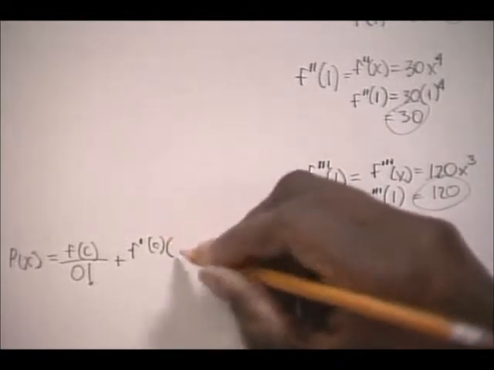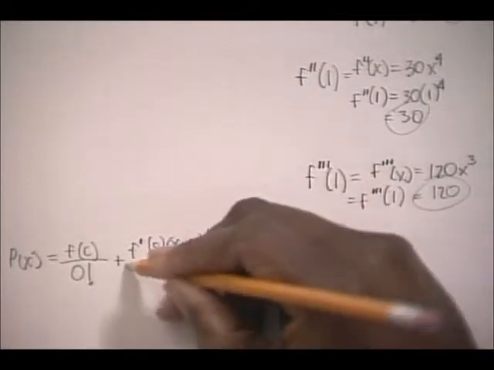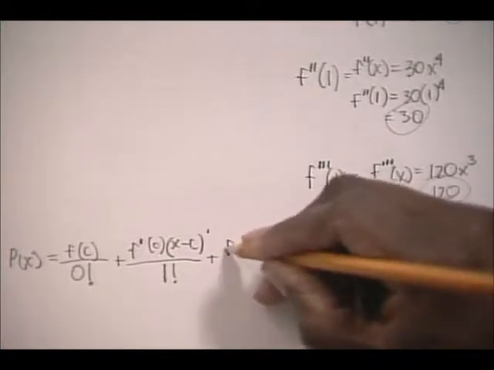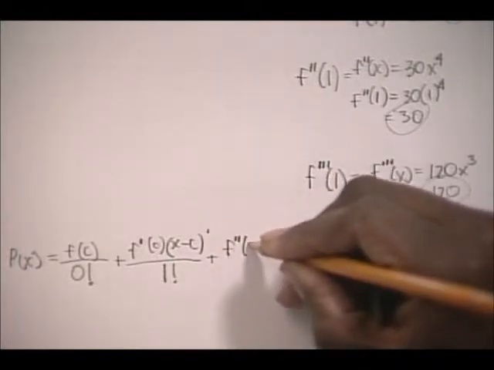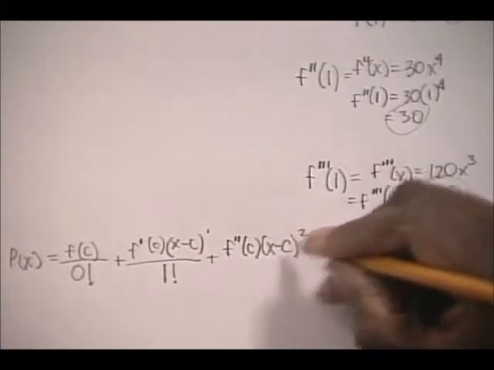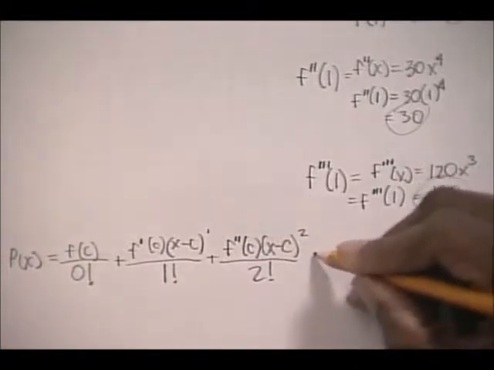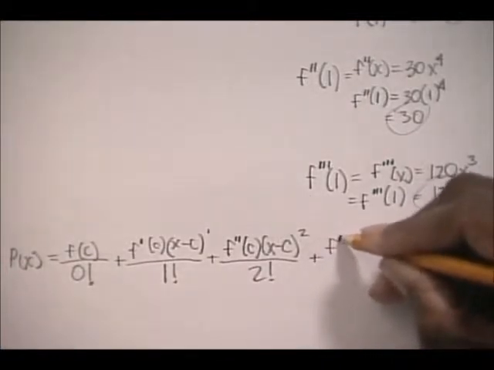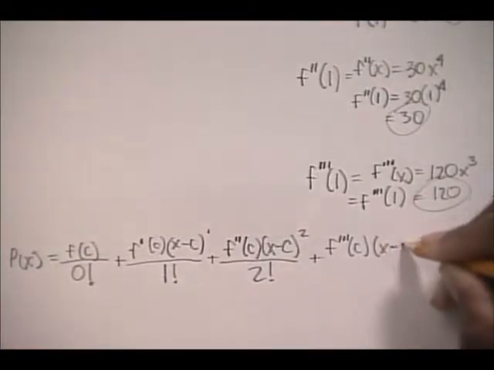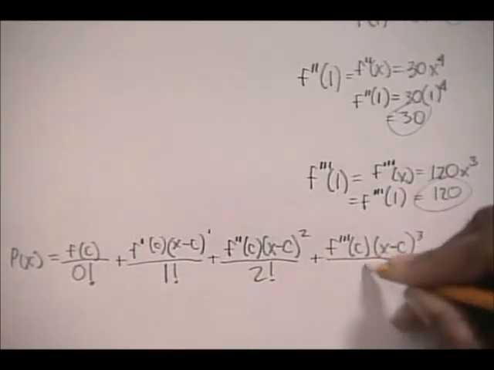In general terms for c, you put a c there. That's times x minus c to the 1 over 1 factorial. And then you have f double prime sub c times x minus c to the 2nd power over 2 factorial. And then let's go one more: plus f triple prime sub c times x minus c to the 3rd power over 3 factorial.